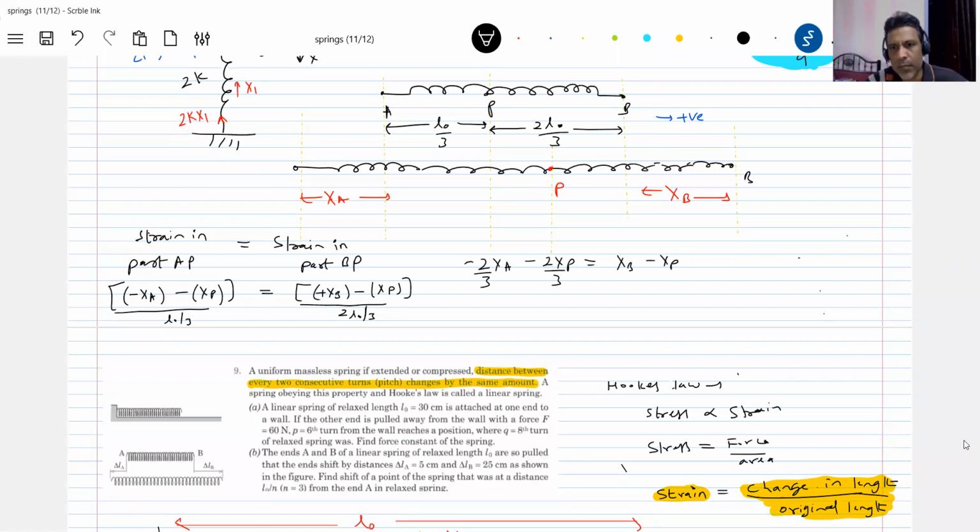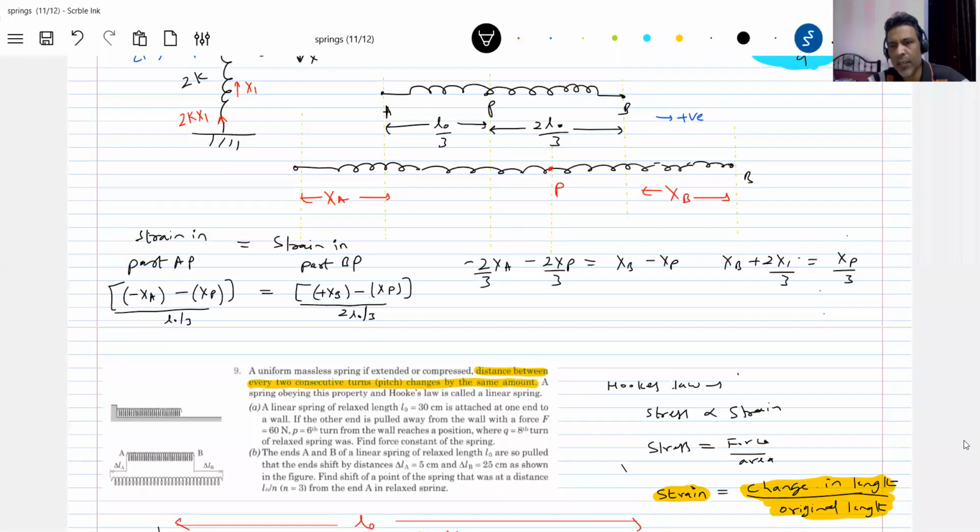So this will become XB plus 2XA by 3 should be equal to 2 by 3, 1 plus 1 minus 2 by 3. So XP by 3 will come.